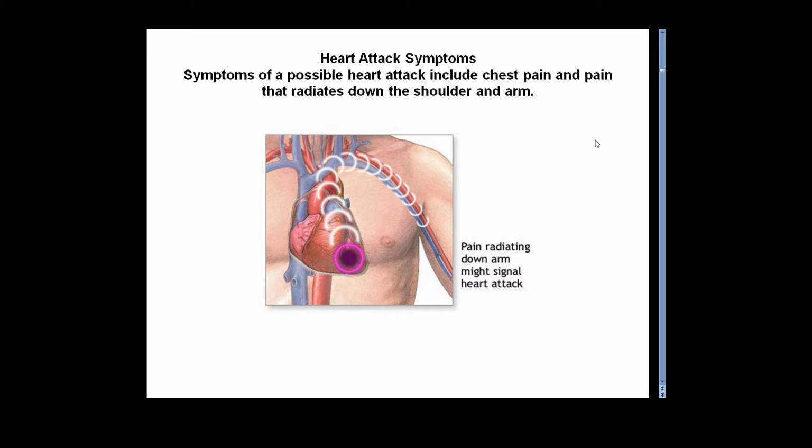The main clinical symptom of acute MI is chest pain: severe, intensive, unusual substernal chest pain.